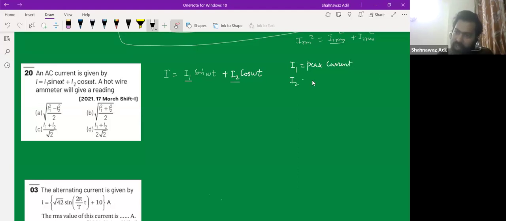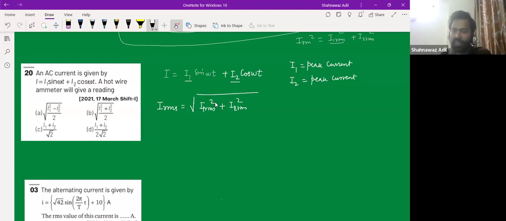That is the peak current as well. We know the relation already that IRMS is simply the root of IRMS 1 square plus IRMS 2 square. So that is the IRMS, right?